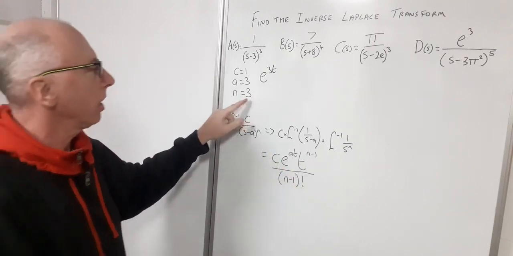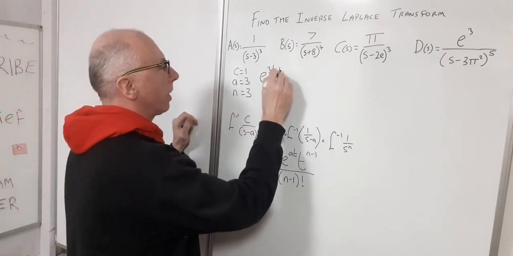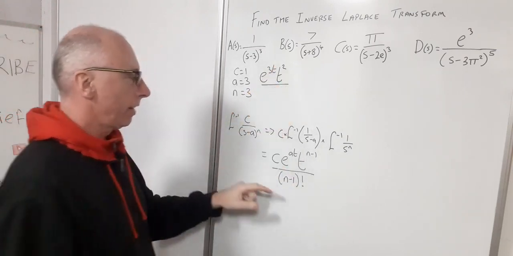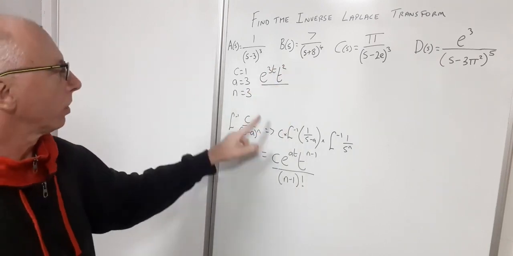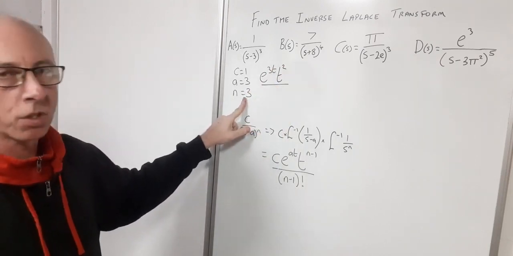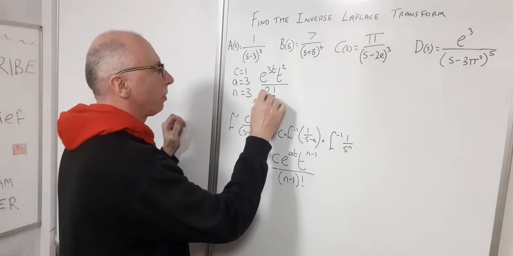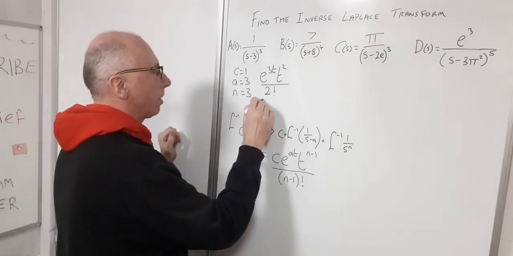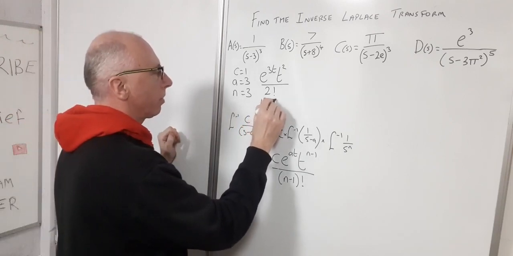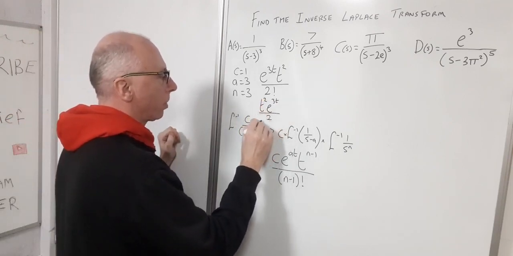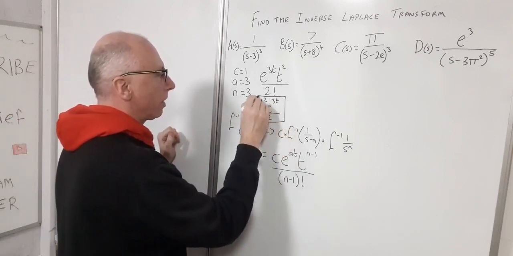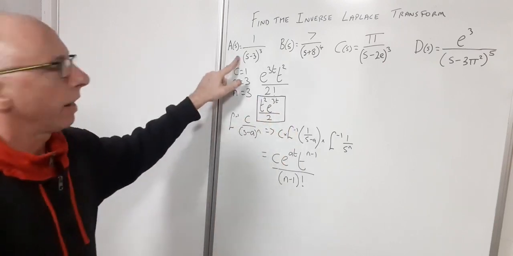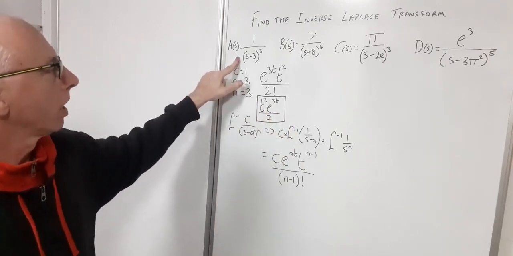Well, n is 3, so that gives us t squared, and then n minus 1 factorial, so that's 3 minus 1 is 2, so 2 factorial. So we can rewrite this as t squared e to the 3t over 2. That's the answer I would declare for this one.